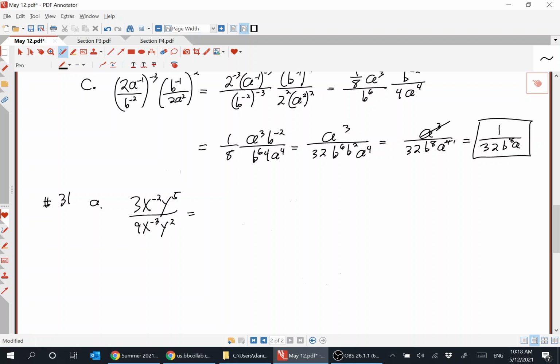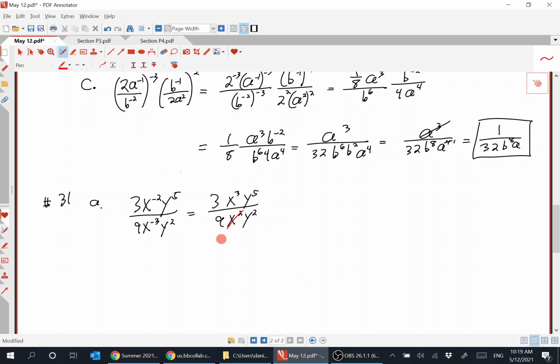Okay. Move the negative exponents from top to bottom to make them positive exponents. So 3x to the 3rd y to the 5th over 9x squared y squared. Now let's do these cancellations. There's 2 factors of x on the bottom, 3 on the top.